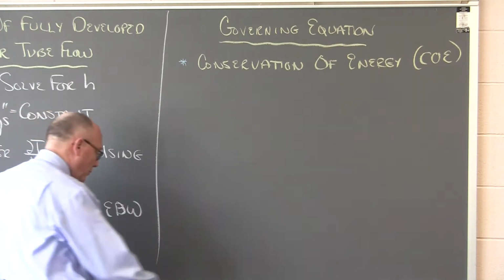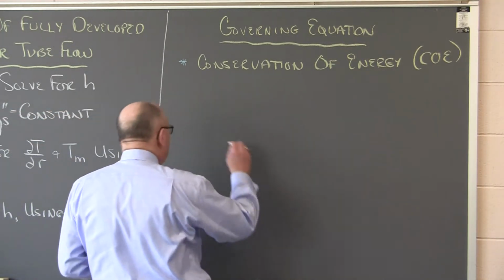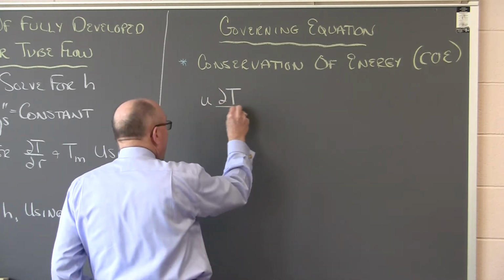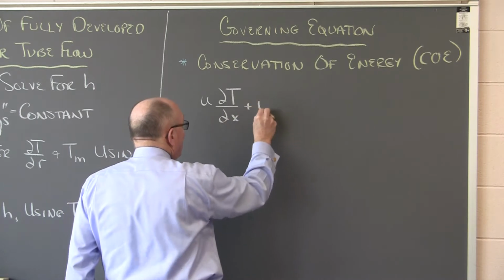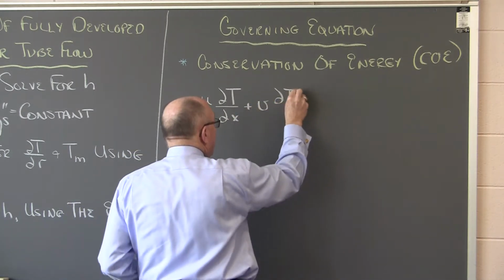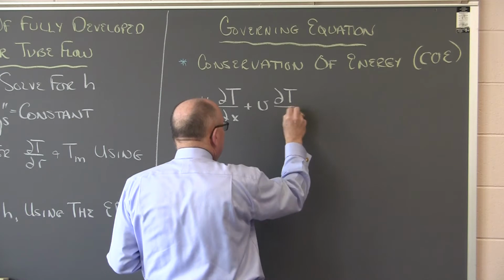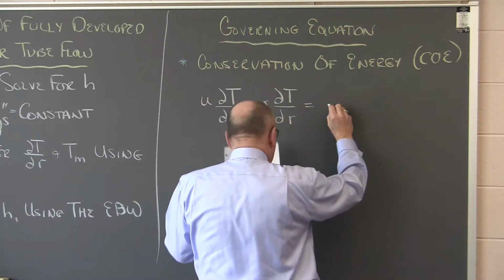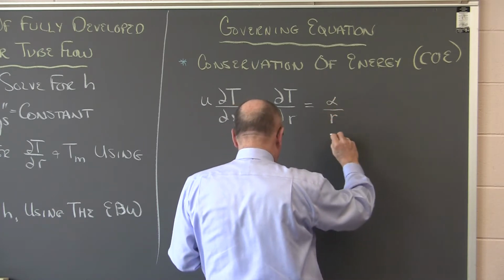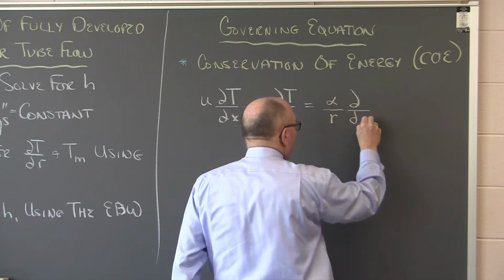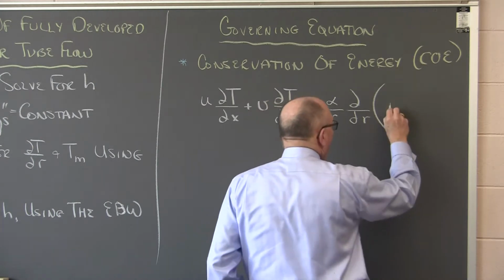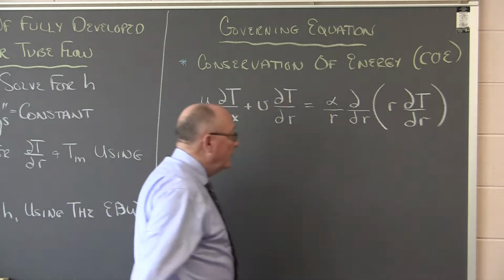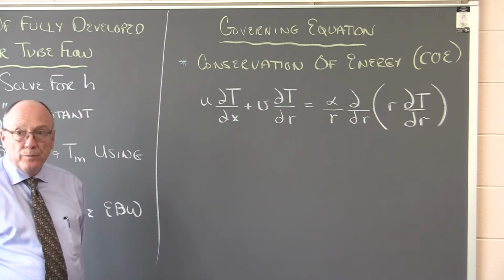So it's going to be in cylindrical coordinates. And it's going to be u times the partial of T with respect to x plus v times the partial of T with respect to r is equal to alpha over r times the partial with respect to r of the quantity r times the partial of T with respect to r. And you remember that from chapter 2.